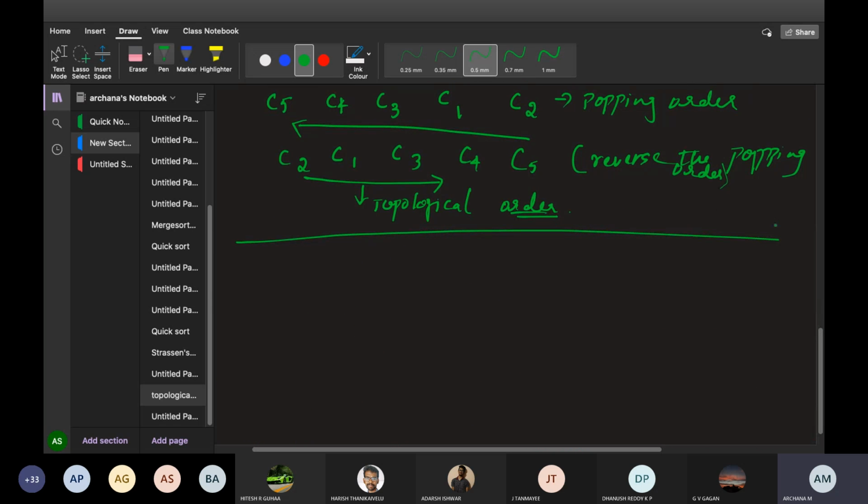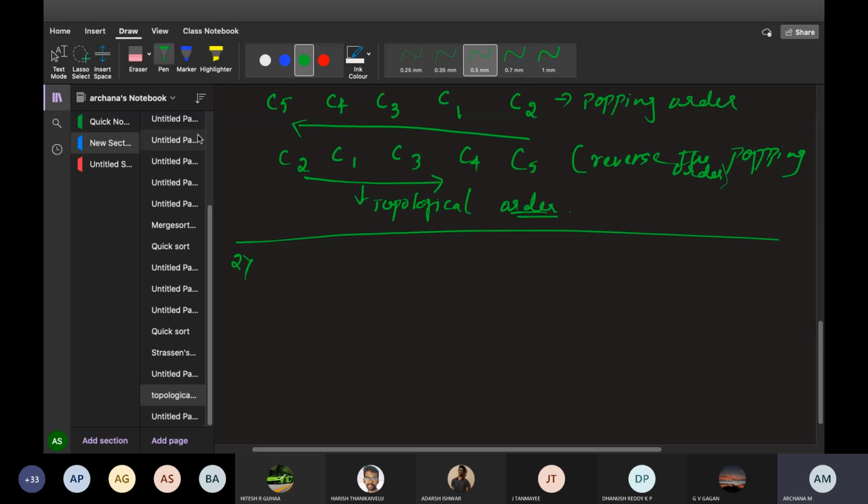Now we will go with the second sorting algorithm. What is the second sorting algorithm we saw? Source removal algorithm.